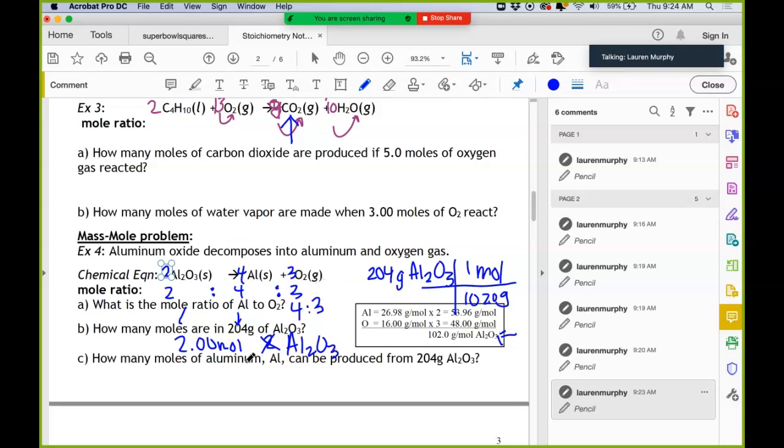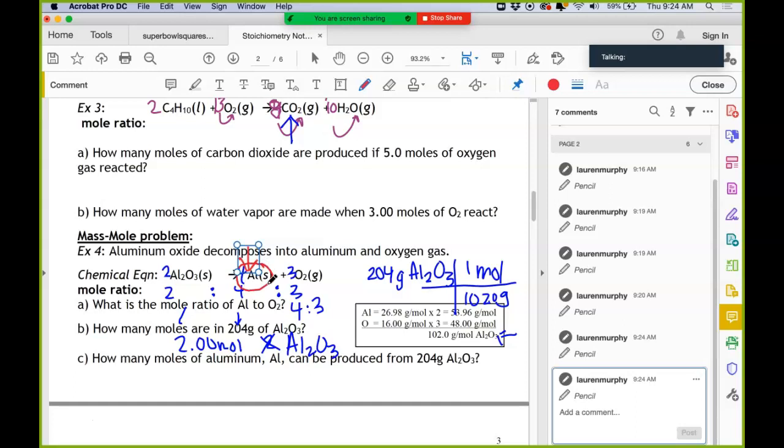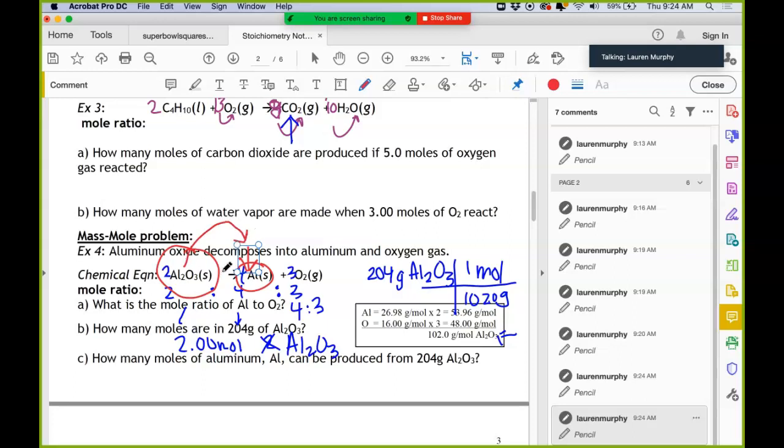So the question is how many moles of aluminum this guy can be produced, and I give you grams of this guy. So I have to jump from here over to here. So how do you do this? Well, we've already done this, right? You turn grams into moles.